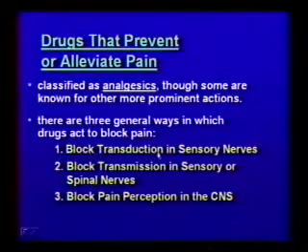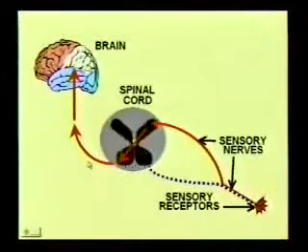They can block the actual sensitization of a painful stimulus by sensory nerves at sensory receptors, or they can block the transmission of signals within sensory nerves, carrying that painful signal back to the brain. So there are three clear sites where these drugs can work.